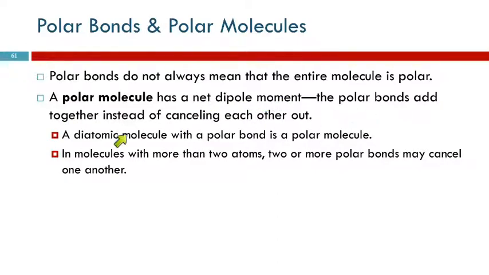Those polar bonds add together instead of canceling each other out. So dipole moments are a bit like vectors. Do you remember at least hearing about vectors? Vectors are arrows. They have a length, a magnitude, and then they have a direction. And so you can add them together in three-dimensional space. And that might bring up nightmares from math class.